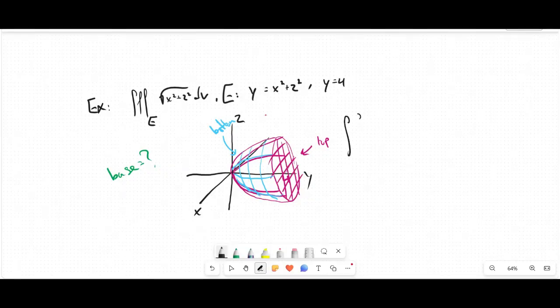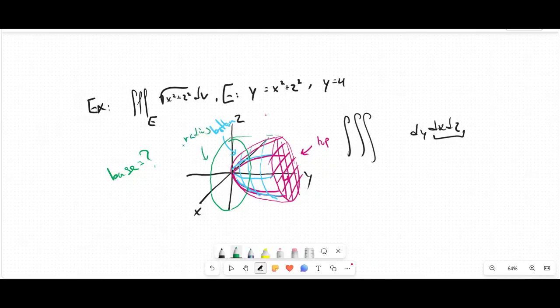So we're going to have dy on the inside, and then outside maybe dx dz. So there's a base in the xz plane. What does it look like? It's a circle. And that circle has a radius of 2.